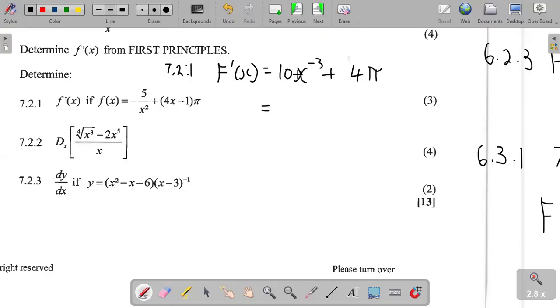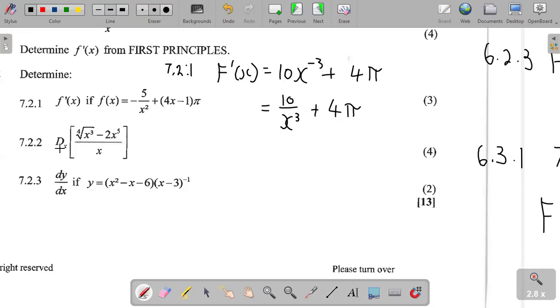The x becomes 1. So it becomes 10 plus 4 pi.